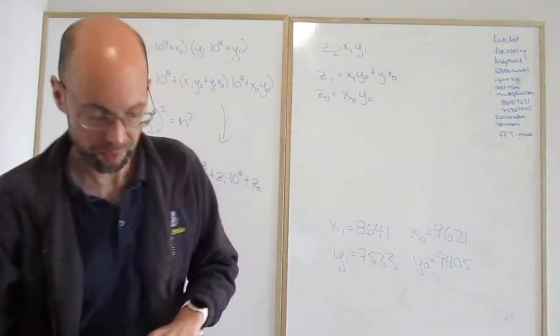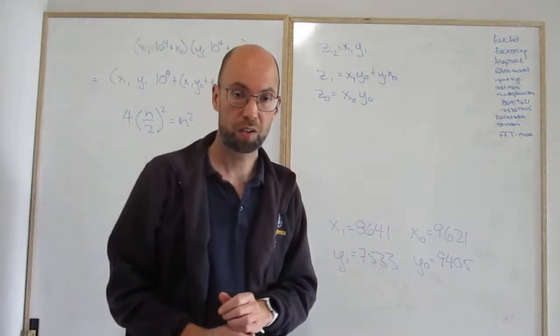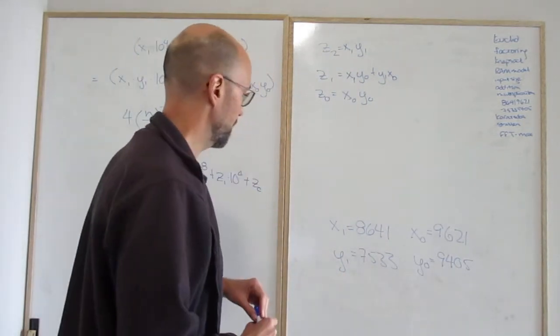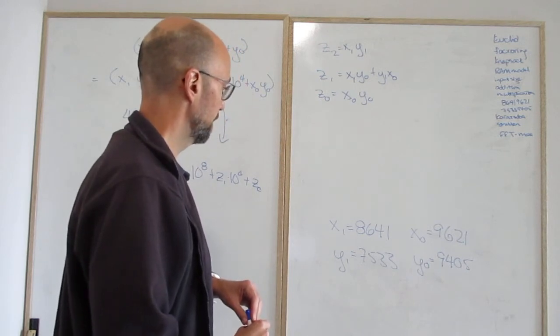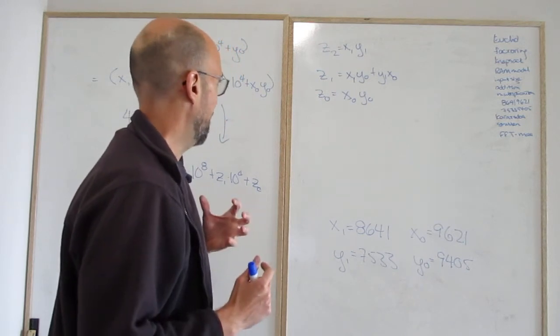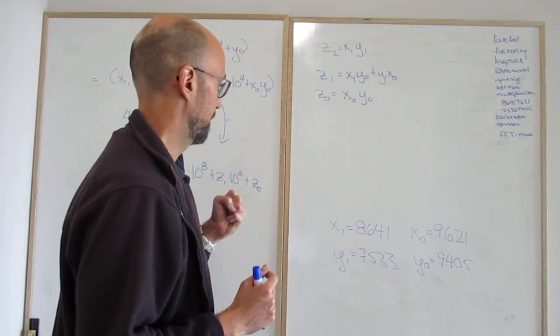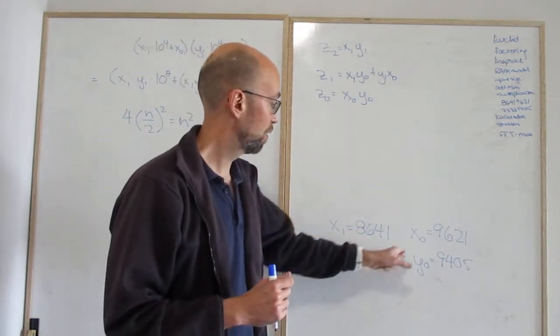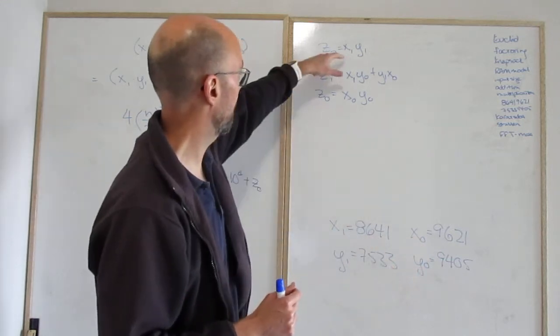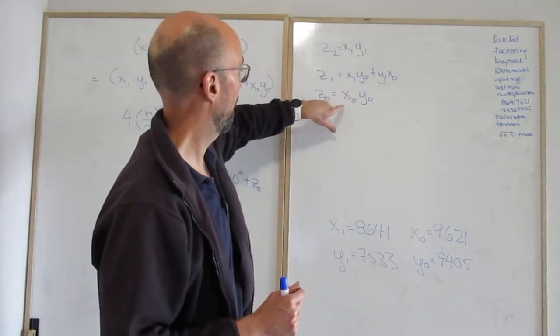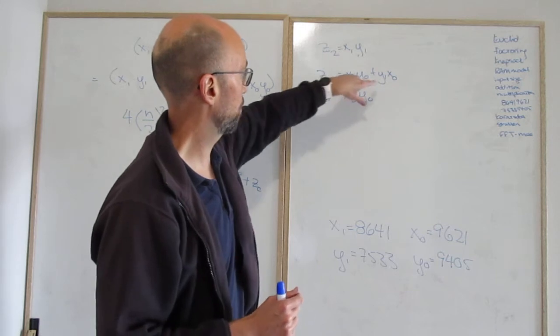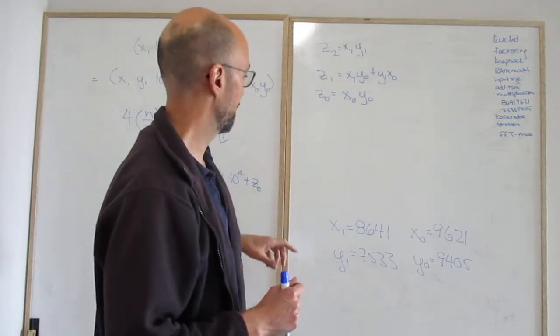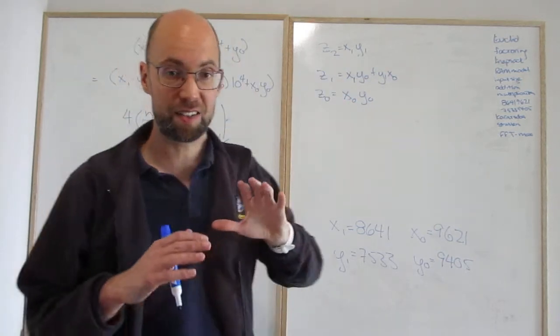So, is this fast? In the lecture notes, I've actually worked out z2 and z0, and then I worked out this, and then plugged it all in, and it works.